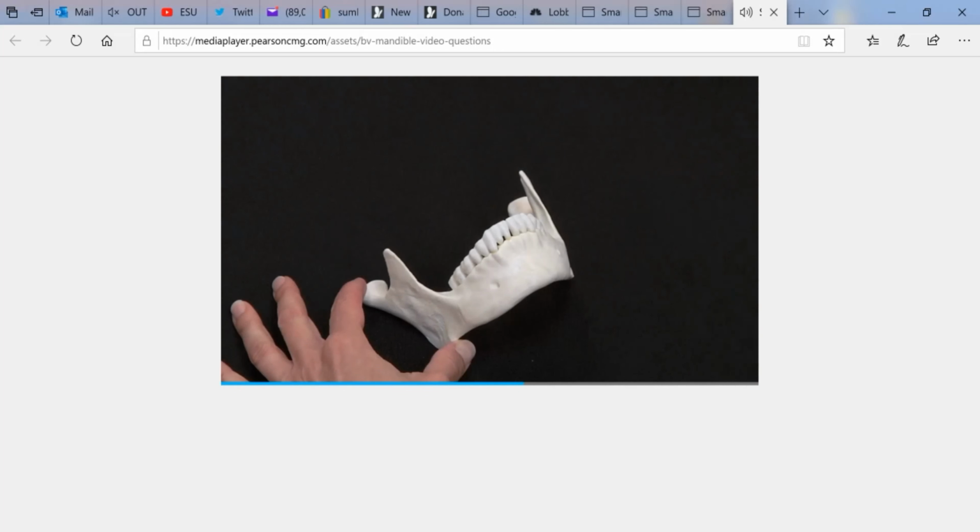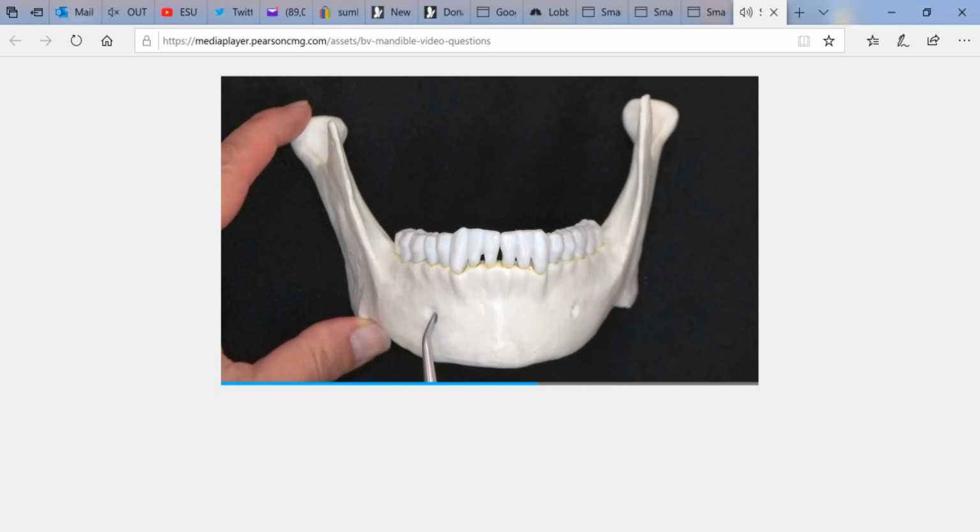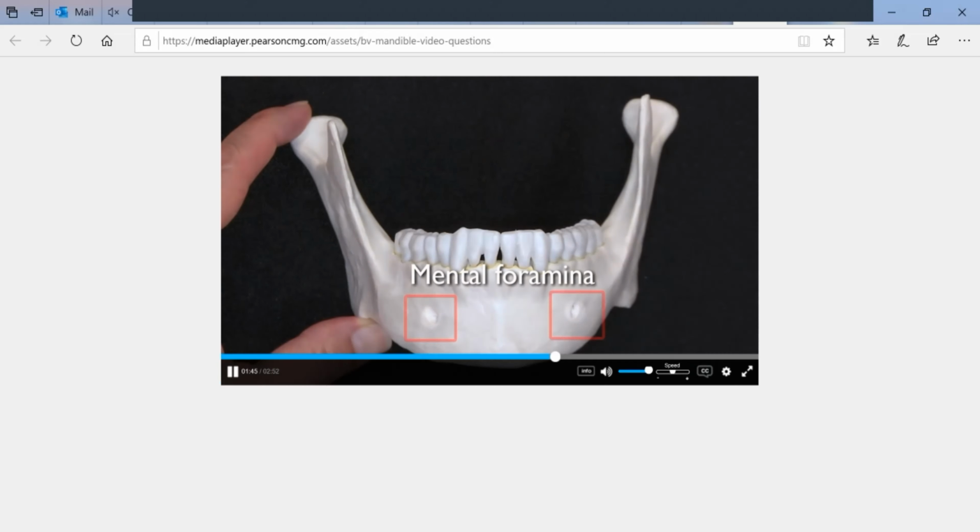Looking on the anterior surface of the mandible, we can see two openings called the mental foramina. These openings serve as passageways for blood vessels and nerves. Now remember, mental means chin. It's kind of an unusual Latin derivation.